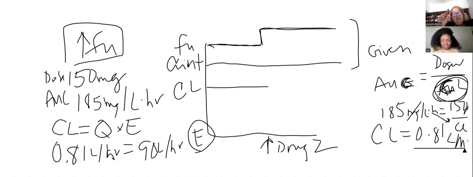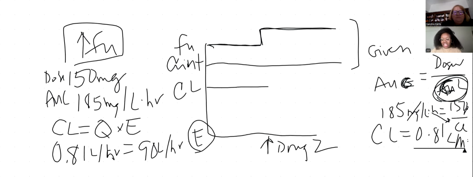Is this a high extraction or a low extraction drug? Hold on, sorry, I have to think. Is it closer to 0 or closer to 1, Jordan? E is closer to 0. Yeah, it's almost 0, isn't it? So it's a low extraction drug. You've just determined that it's a low extraction drug.